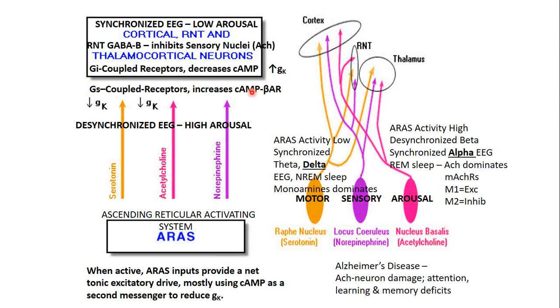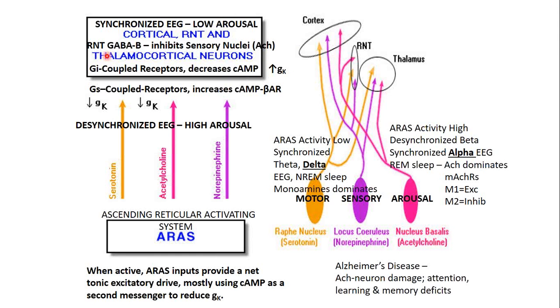It stands for stimulate adenylate cyclase. Adenylate cyclase is the enzyme that increases cyclic AMP. And GI inhibits adenylate cyclase, the enzyme that makes cyclic AMP, so we decrease the cyclic AMP, and we get an increase in conductance of potassium. Remember what happens when we get an increase in the conductance of potassium? Potassium moves from inside to outside, and we hyperpolarize. We get more inhibition.